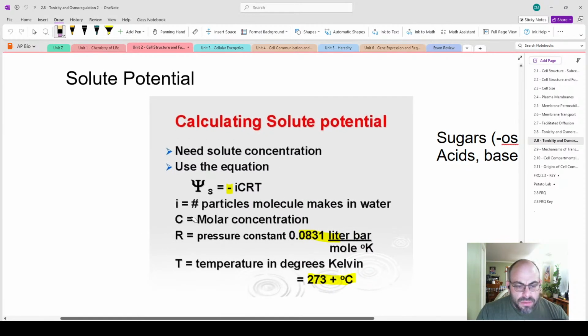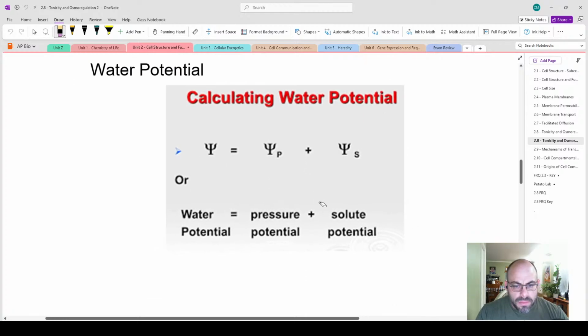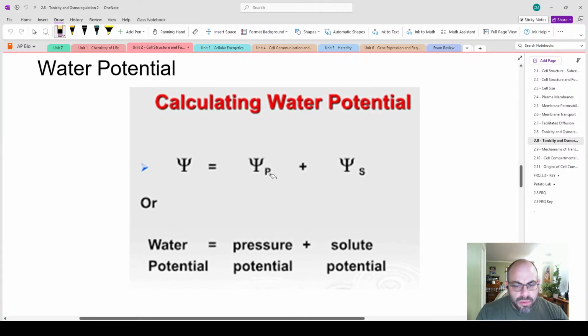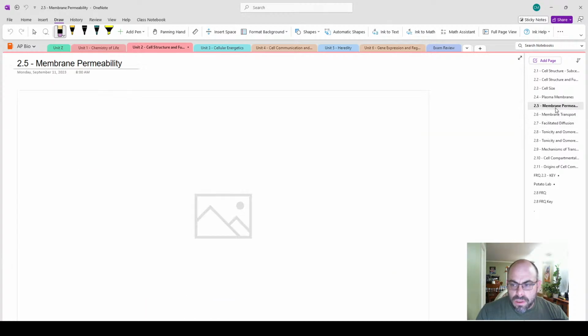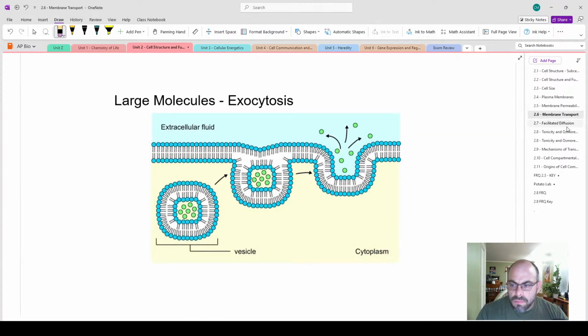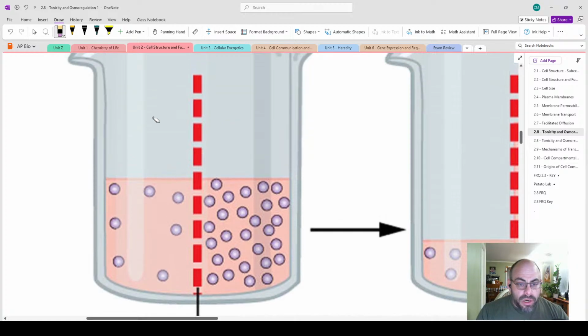when we talk about solute potential, well, first of all, let's go back up here to this water potential. Water potential is pressure and solute, right? And pressure and solute are going to work to cause water to move. In this particular instance, pressure is 0, right?